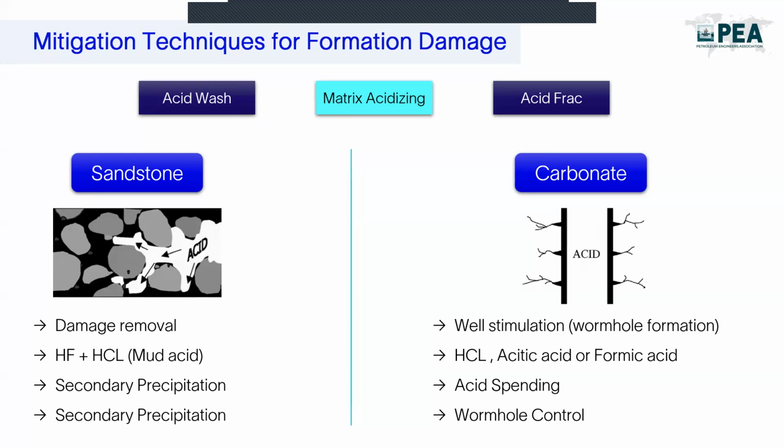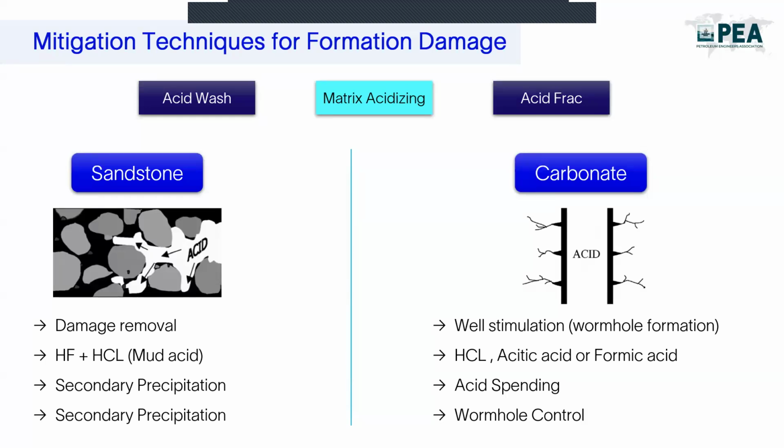Now we move on to carbonate. When it comes to carbonate, you can relax a little bit more, because it's not the same situation as sandstone, basically because of the composition of the carbonate itself.